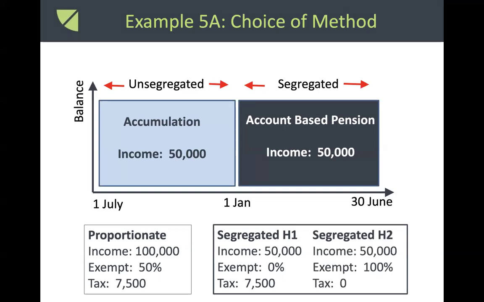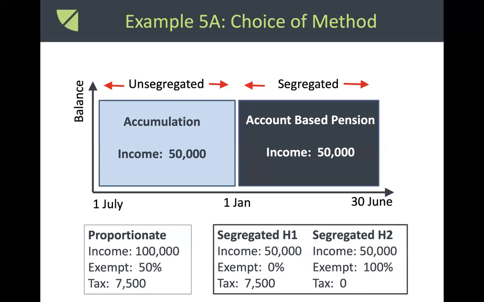Let's look at the second half. So in the second half, we also have income of $50,000, and it's 100% exempt because we're using the segregated method.